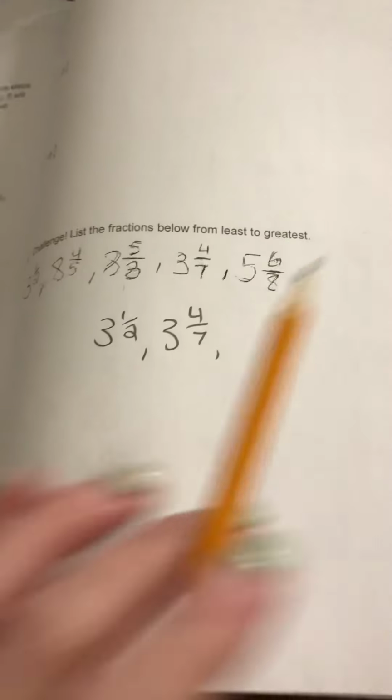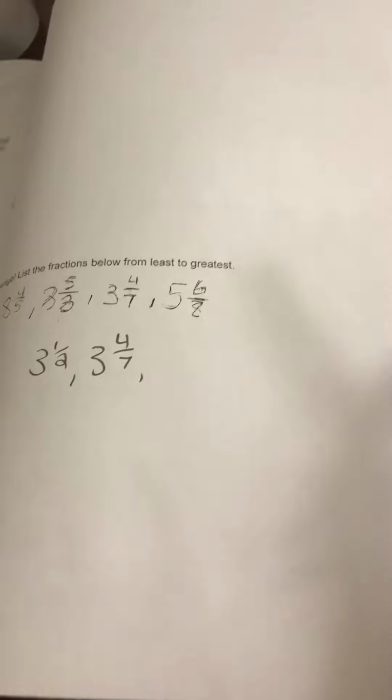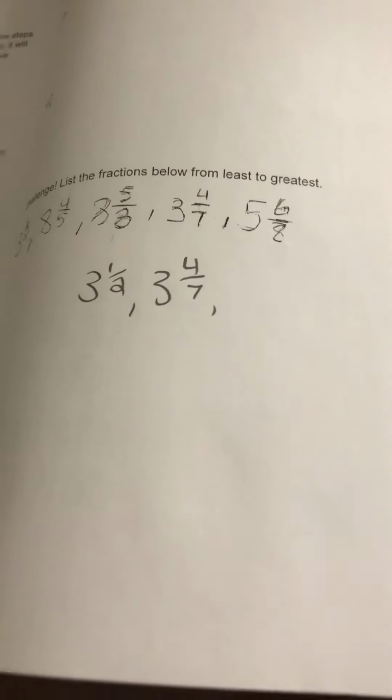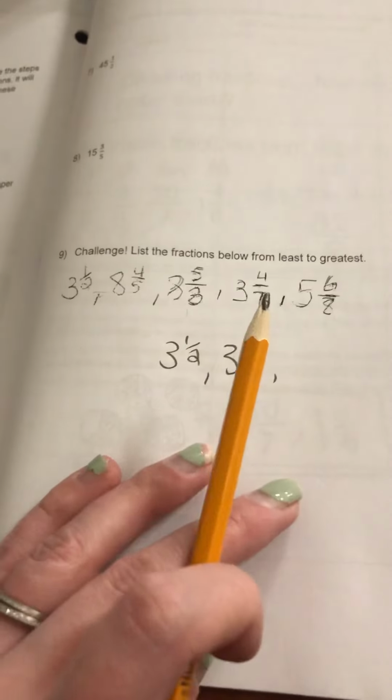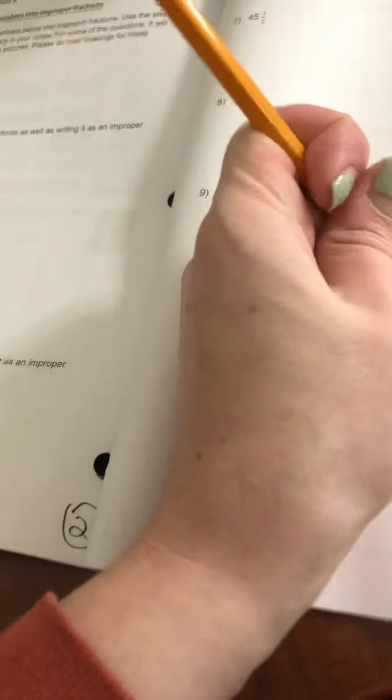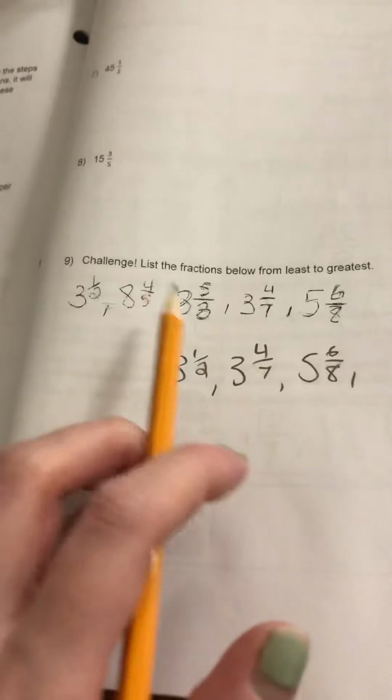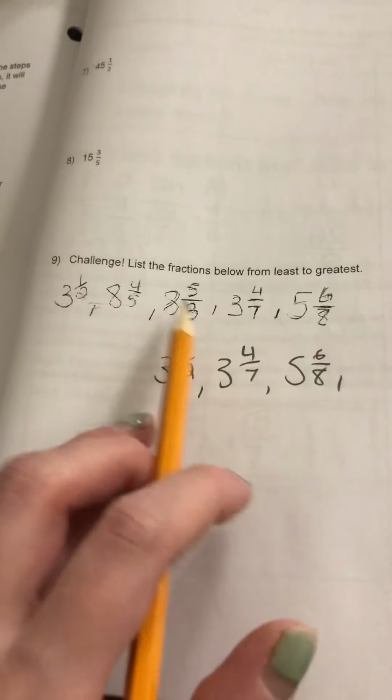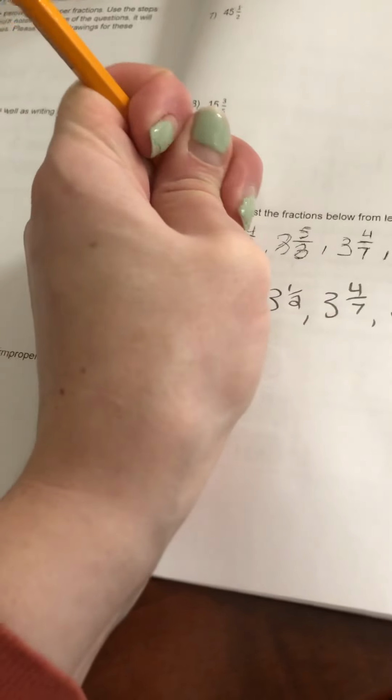If you needed to divide 4 out of 7 on your calculator, you could, but it's going to give you 0.57, okay, which is greater than 0.5. And then I have 5 and 6 over 8 would be my next smallest, because 5 is smaller than 8, right? And now I've just got to compare these two. So 4 out of 5 we know is 0.8, so this fraction would be 8.8.